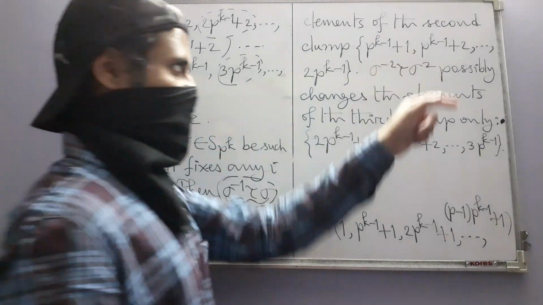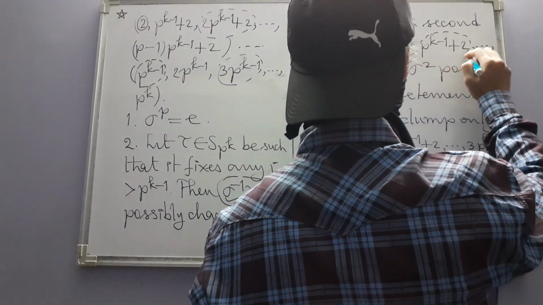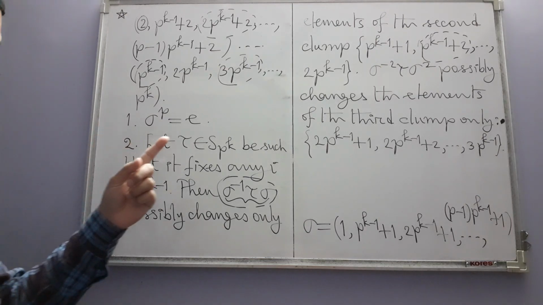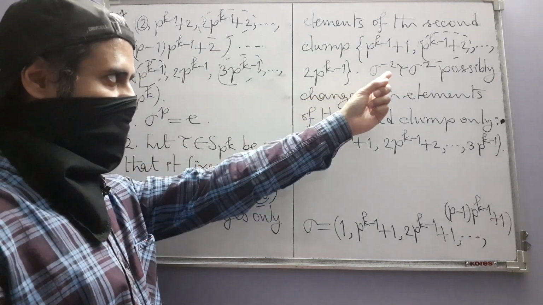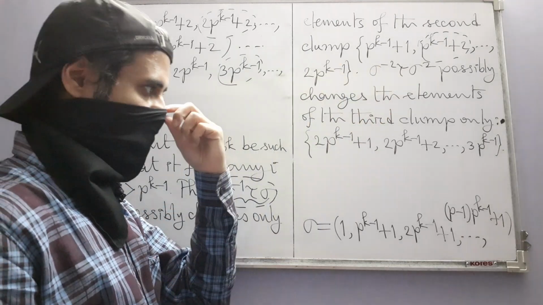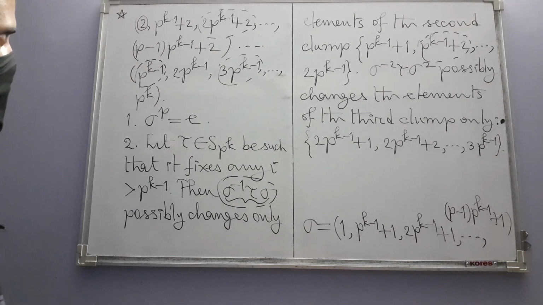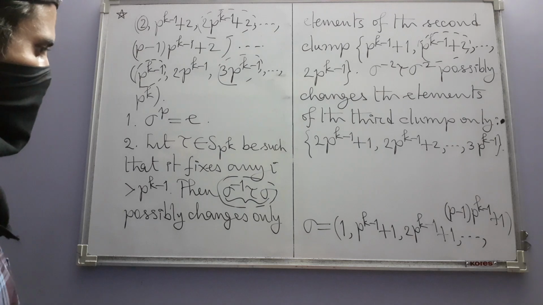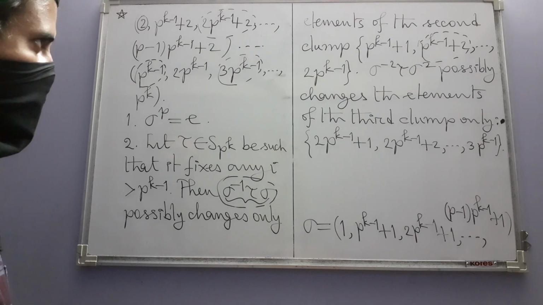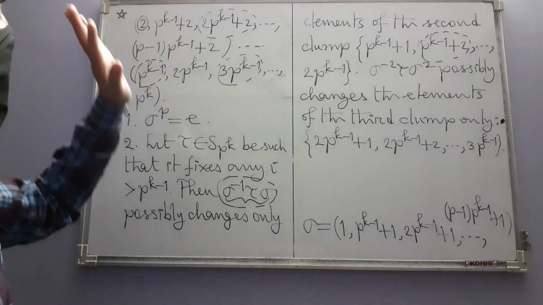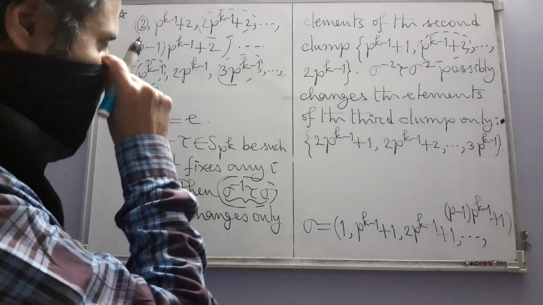So let's pick this one. On this, we are now going to apply not sigma inverse tau sigma, but rather this. Okay. So where do we find this among the cycles in sigma? Oh, it's here. Okay. It's appearing here.